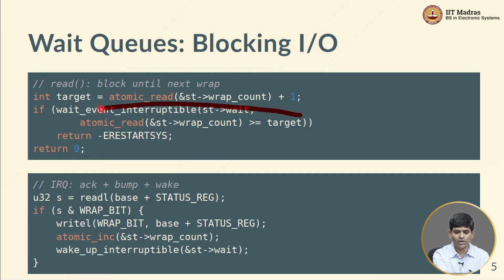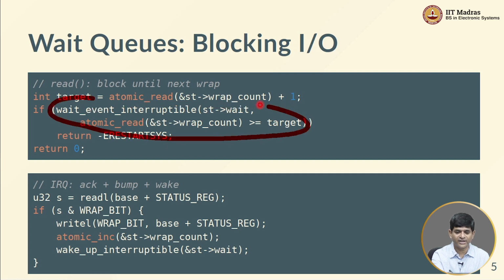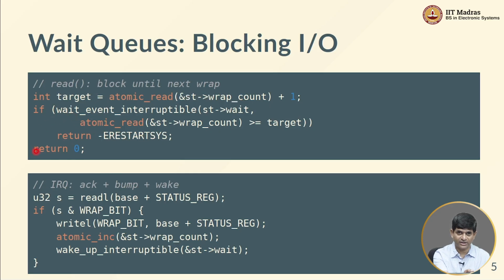In other words, it performs one Boolean condition check, and if that condition is satisfied, it means actually that something went wrong, because the way that wait_event_interruptible works is that it essentially returns 0 if the condition is not satisfied, which means that I would just exit and go through to this point.